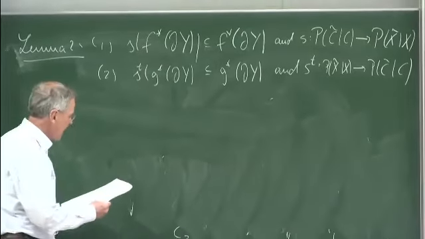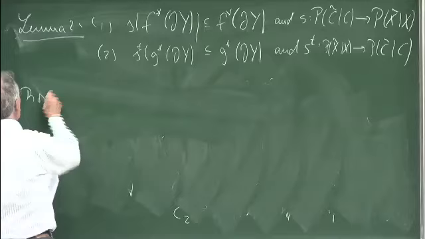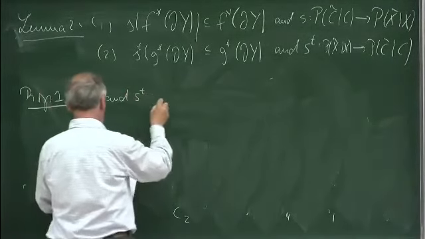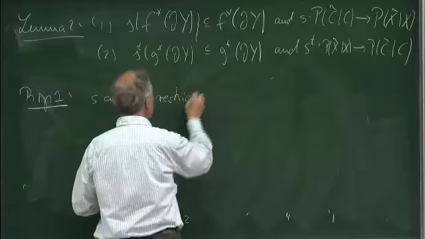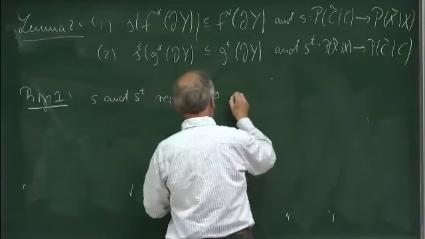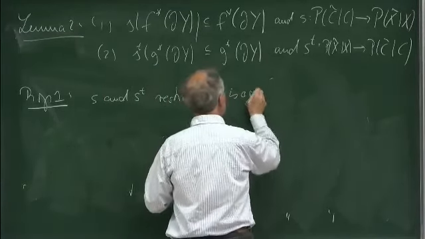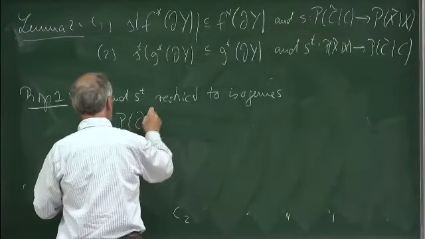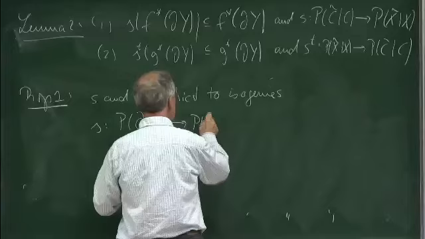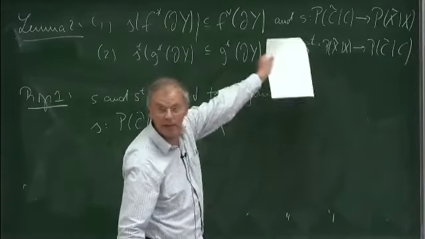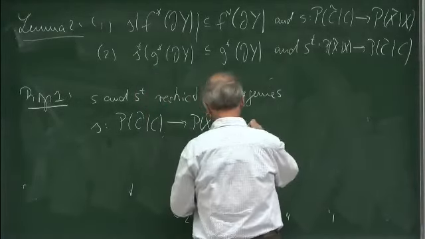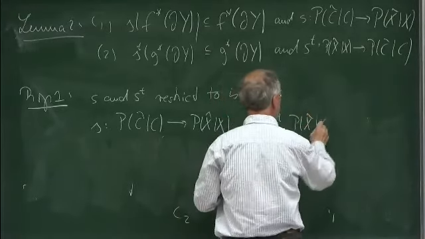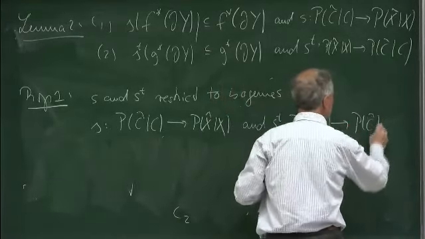So as a consequence we get proposition 1, which says that S and S transpose restrict to isogenies: small s of P of C tilde over C into P of X tilde over X. I mean, here we already have the maps, but they are isogenies. And S transpose of P of X tilde over X goes into P of C tilde over C.